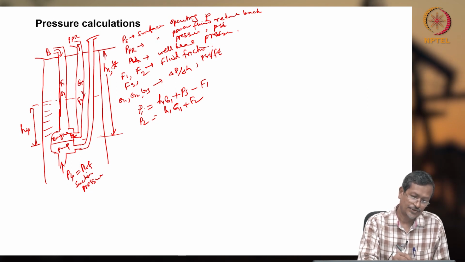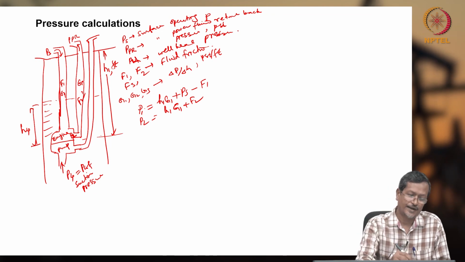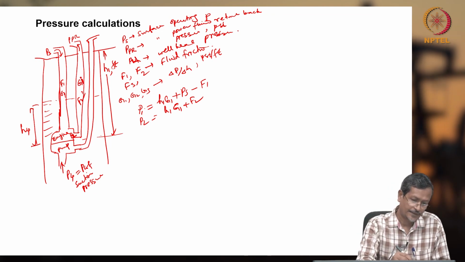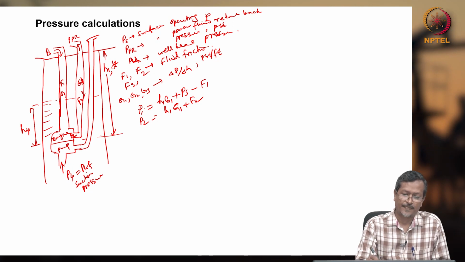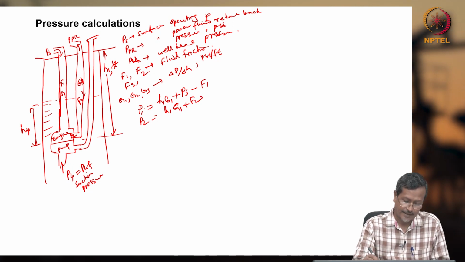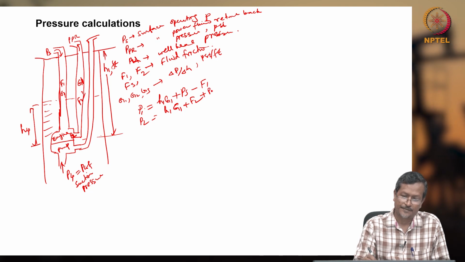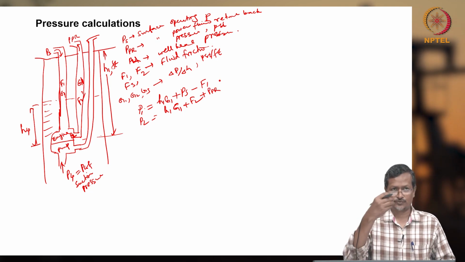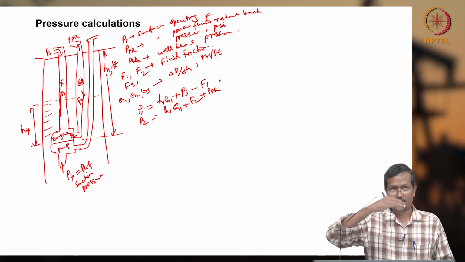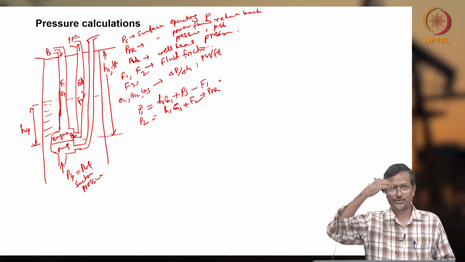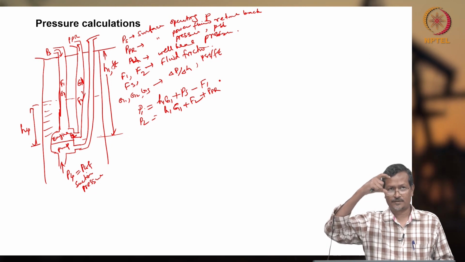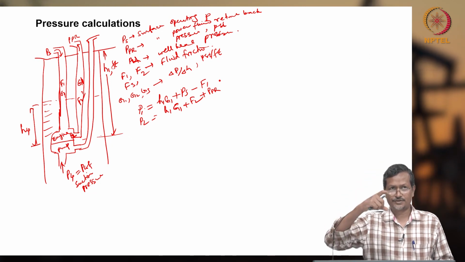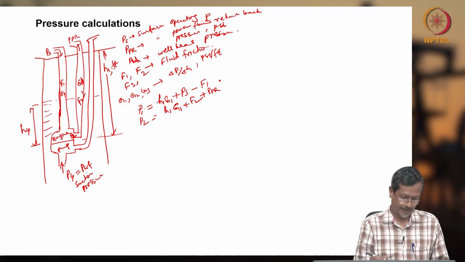The same fluid is returning, so the gradient also will be the same G1, H1 same, F2 is plus, and PPR, surface pressure. When fluid is returning, the pump is trying to push and friction is pushing down, so fluid column weight, friction plus surface pressure, all will be added.